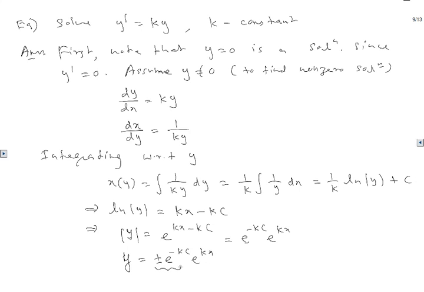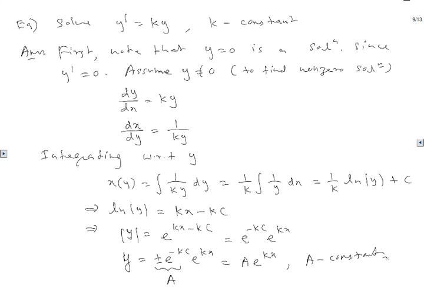And this whole thing is just a constant. We're gonna call it a. Once you call it a, you get a e to the kx, where a is a constant. So that's the general solution, which contains a.